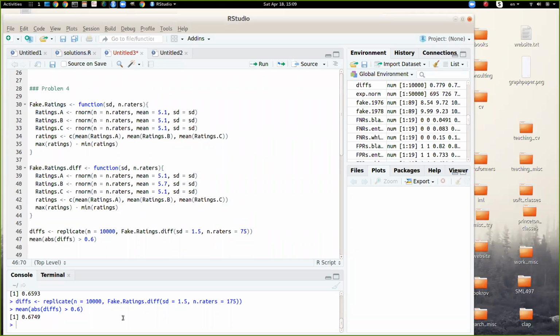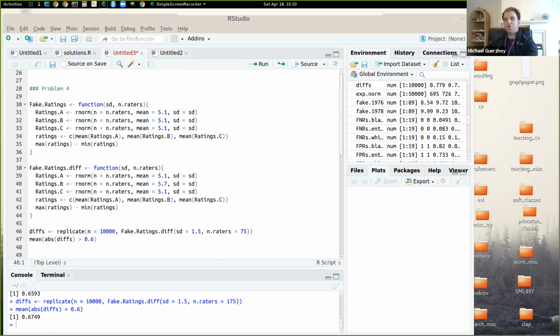Could you explain again? Just trying to find the n raters where it's significant to find a difference of 0.6 isn't enough. So you also have to look at changing the mean by 0.6? Yes, because the other question is, let's say that obtaining a difference of 0.6 means that you found a significant difference.